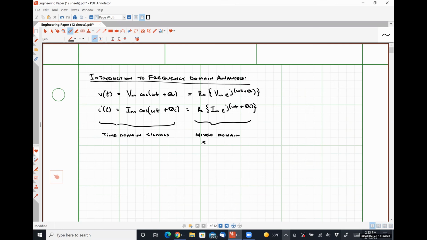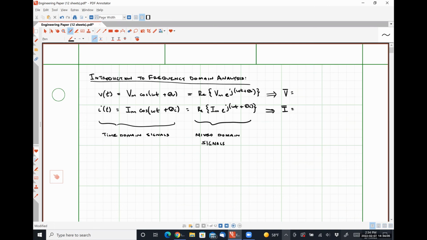What we're going to talk about today is frequency domain signals, okay? Commonly called phasors, all right? So in the frequency domain, electrical engineers have come up with a shorthand notation for representing these signals, okay?